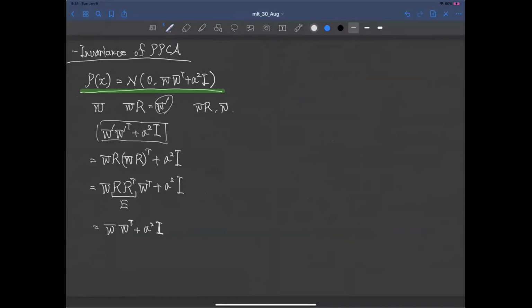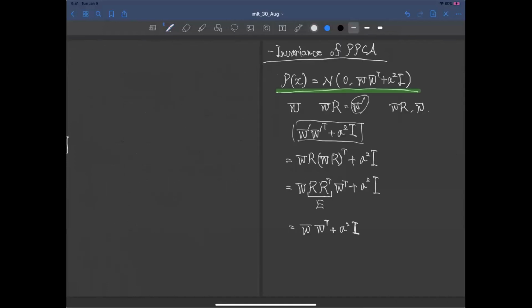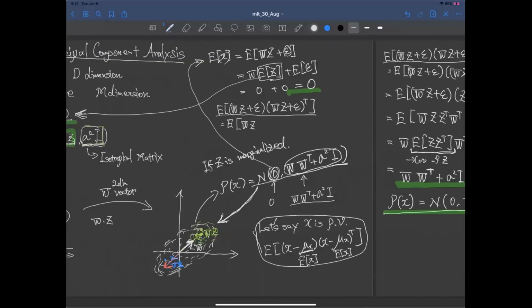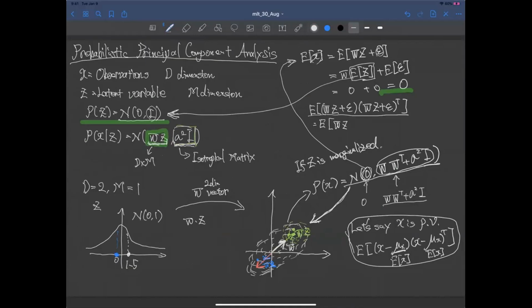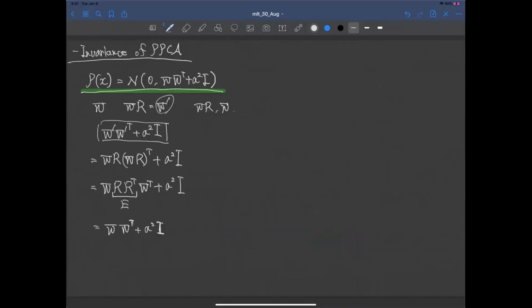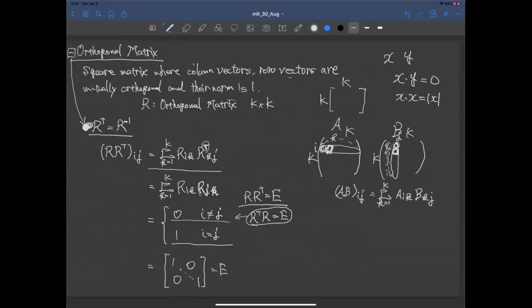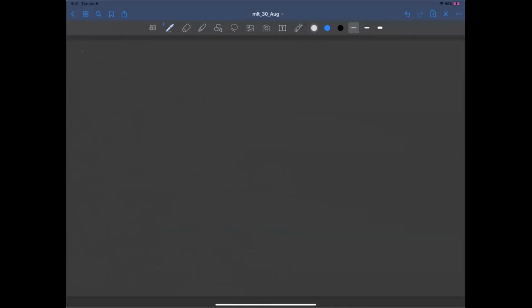I'd like to explain that next, because it leads to a better understanding of this property. Okay. So actually, an orthogonal matrix has another property.